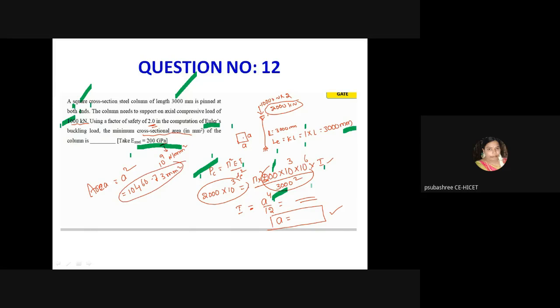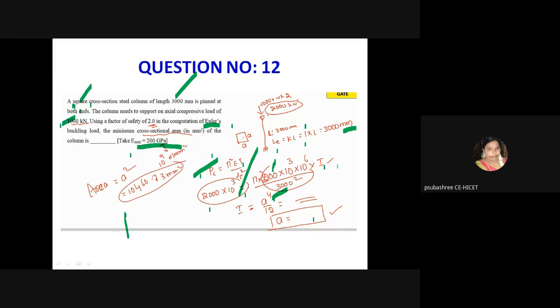So 3000 square. Substitute the values. Load PC is equal to 1000 kilonewton into load factor, into 2. So 2000 into 10 power 3.